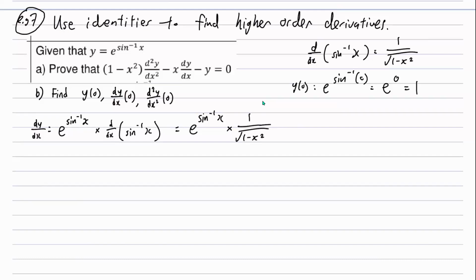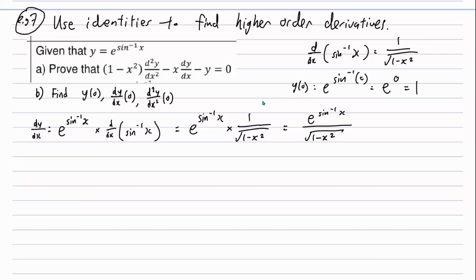I can put this on top here, but it's the same thing. Then d2y over dx squared is, ooh, differentiate this.